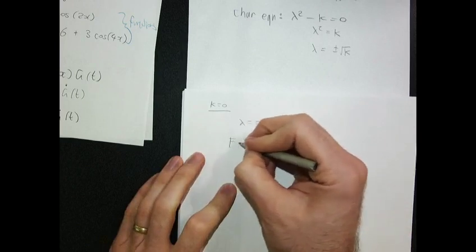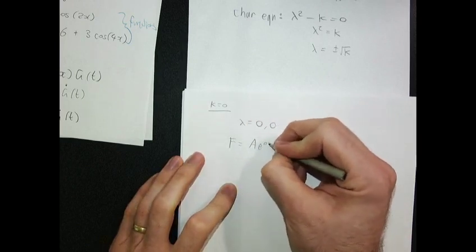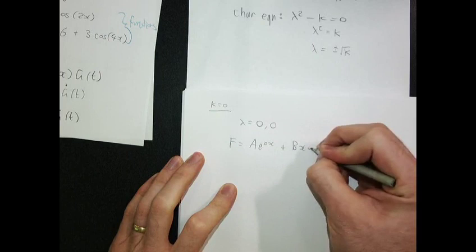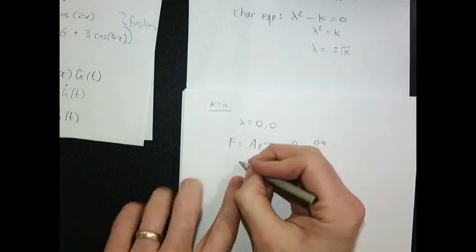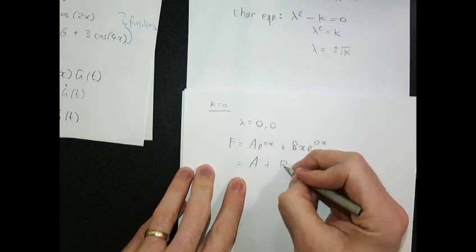If you want to go back to the way you did it back in Maths 1B, you can say that f would have to be a e to the 0x plus bx e to the 0x, because that's what you would do with a repeated root. Not technically necessary to do that, but it does match with the story I'm trying to tell here. But of course, e to the 0 is just 1, and so this is really just the same as a plus bx.